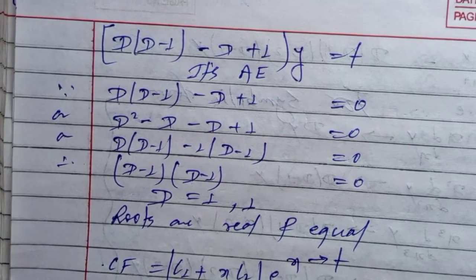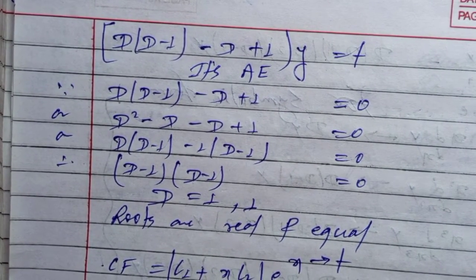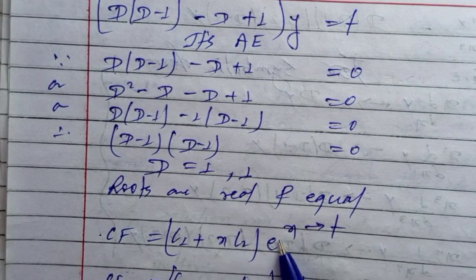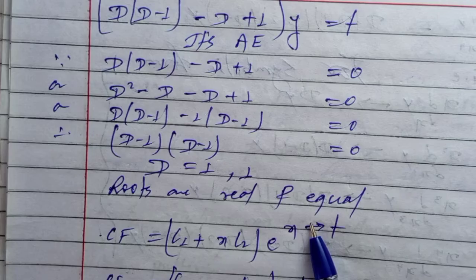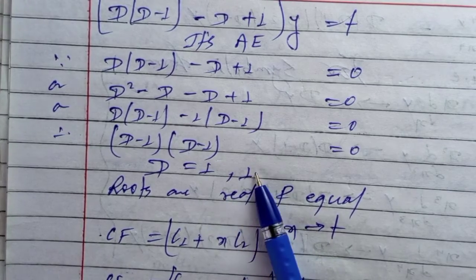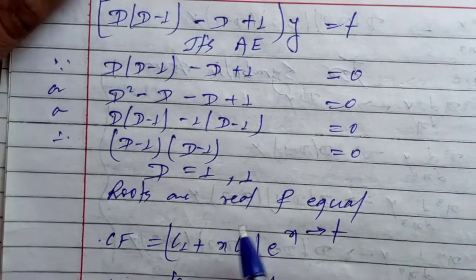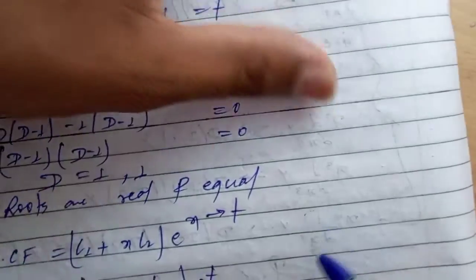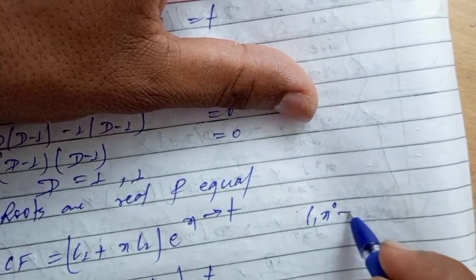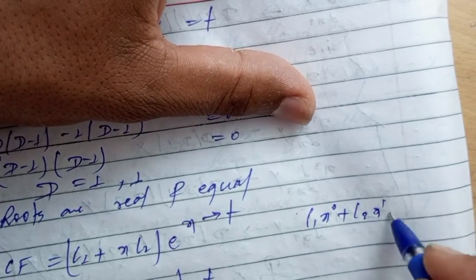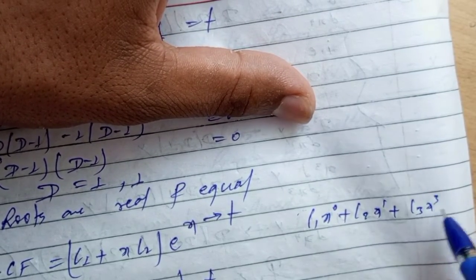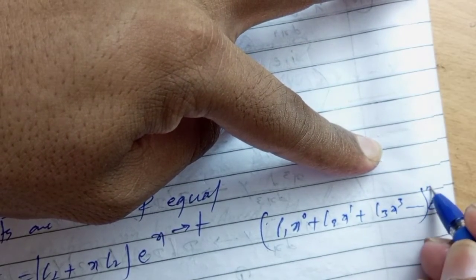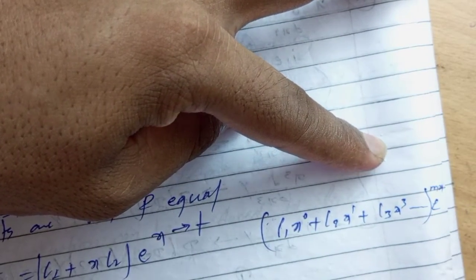So for real and equal roots, we know how to write the CF. CF equal to (C1 plus x C2) e to the power mx, where m is 1 and 1. Here for the equal roots, we are following this format: C1 x to the power 0 plus C2 x to the power 1 plus C3 x to the power 2 and so on, and finally e to the power mx.